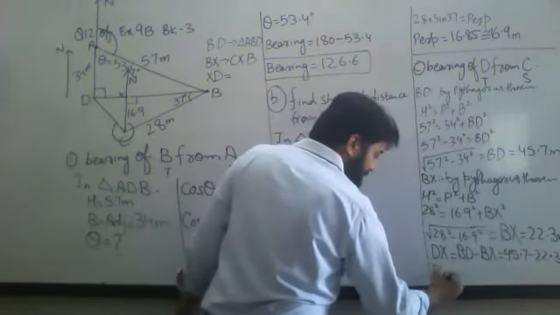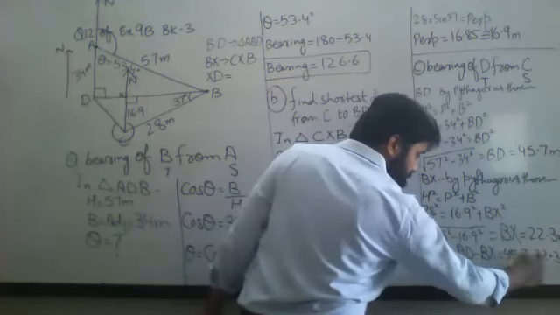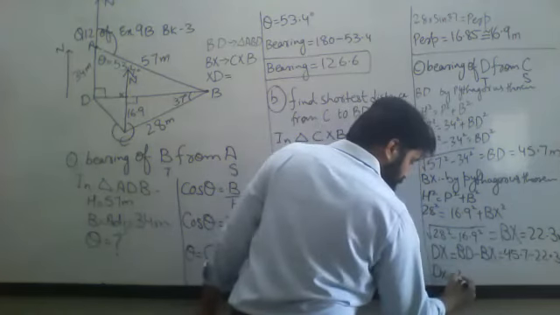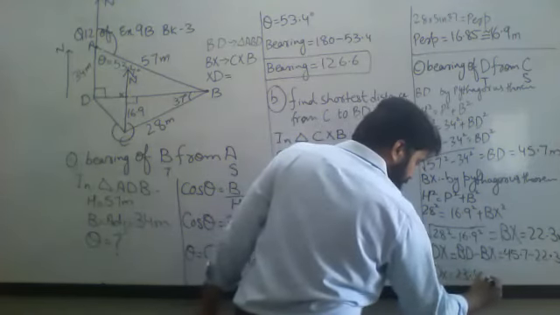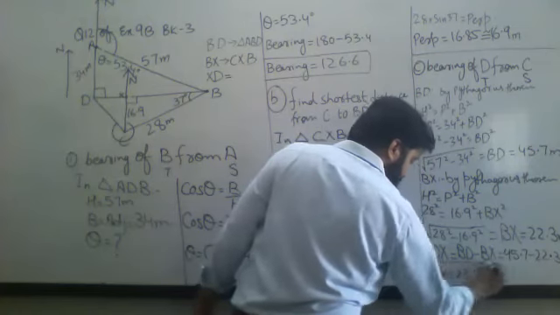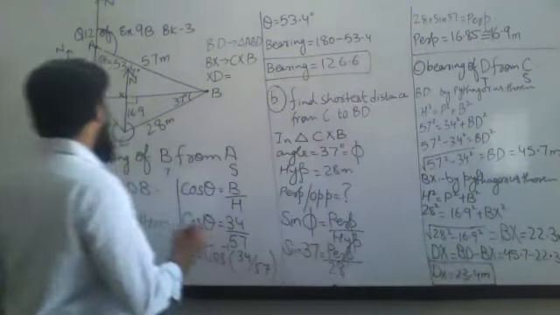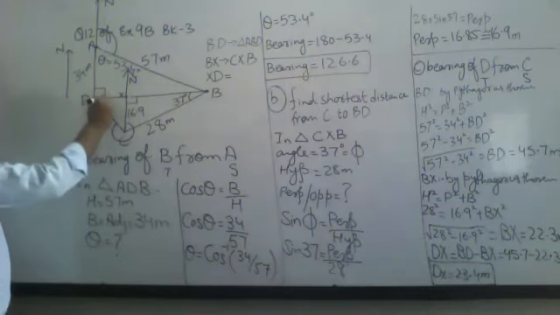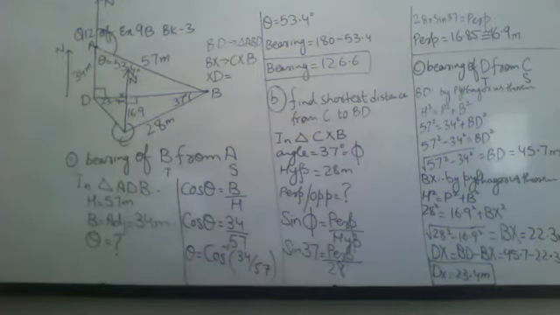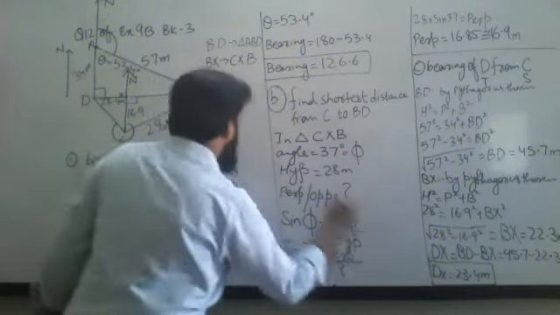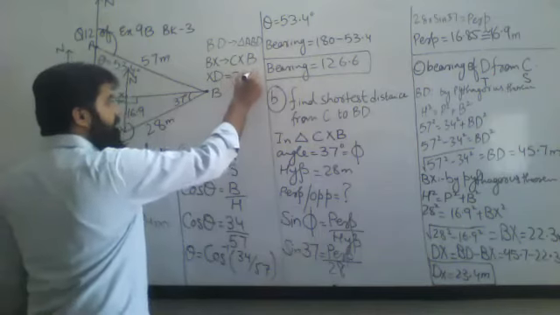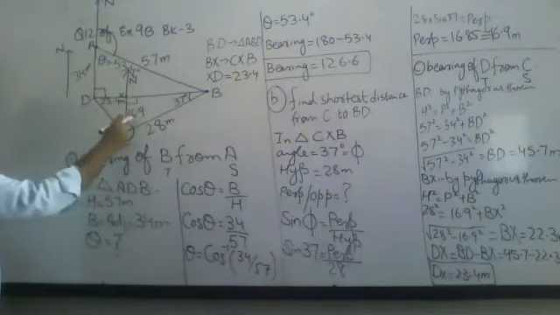So my XD will be equal to 23.4 meter. This one is coming 23.4 meter. You guys can check it in your calculator also. This is coming 23.4. Now I have got this, I have got this.